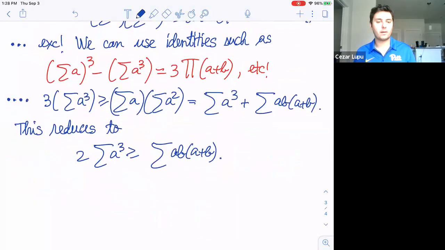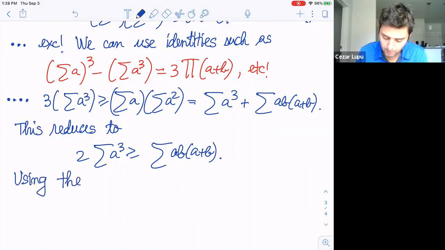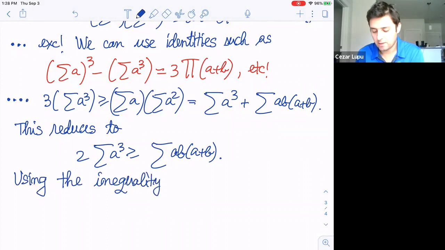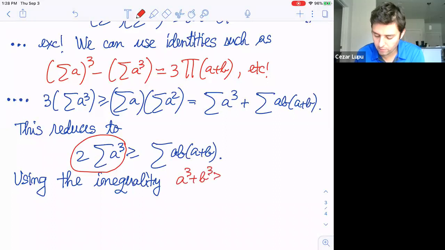Now it's just computations. What you can do is use the inequality I gave you in the lecture. Using the inequalities, we're going to group them 2 by 2. Let's say a cubed plus b cubed is greater or equal than ab times (a plus b).